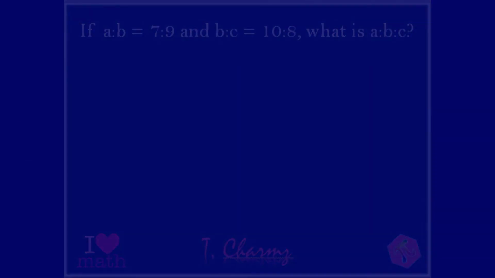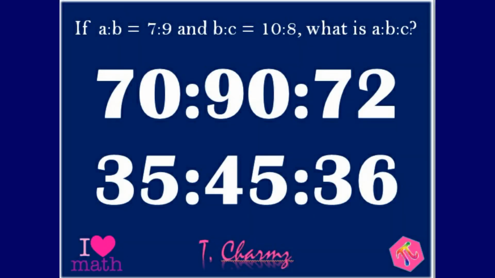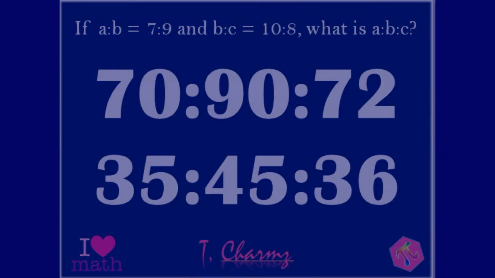And the answer is 70 is to 90 is to 72. All are divisible by 2. So final answer, 35 is to 45 is to 36.